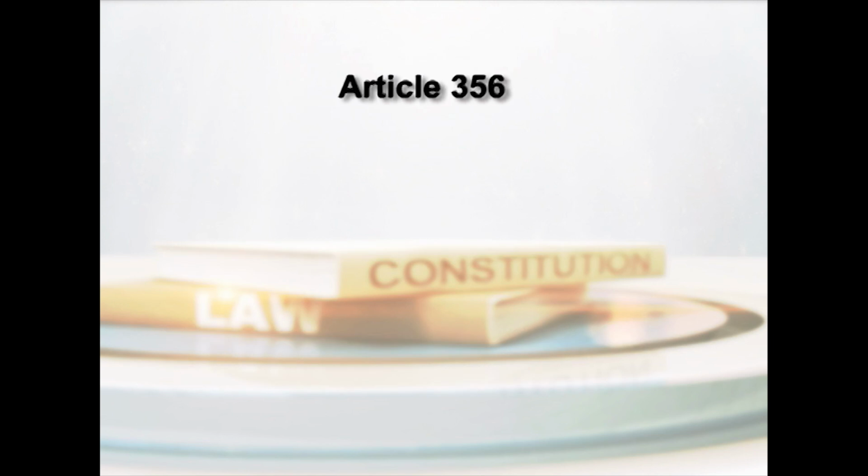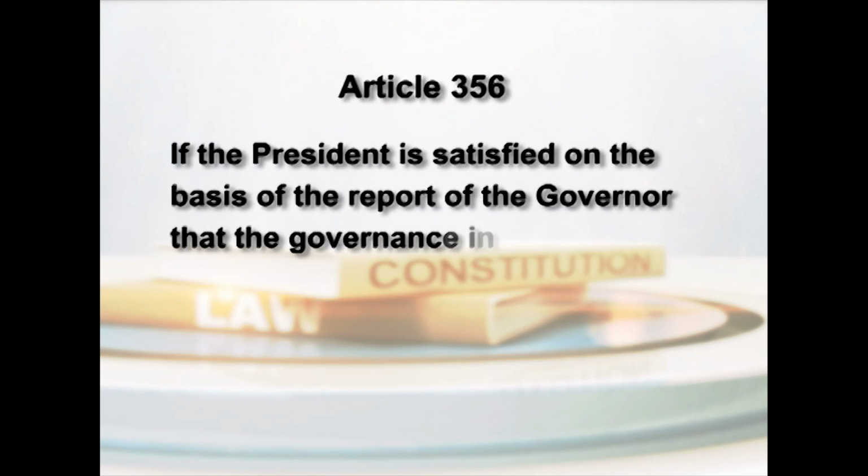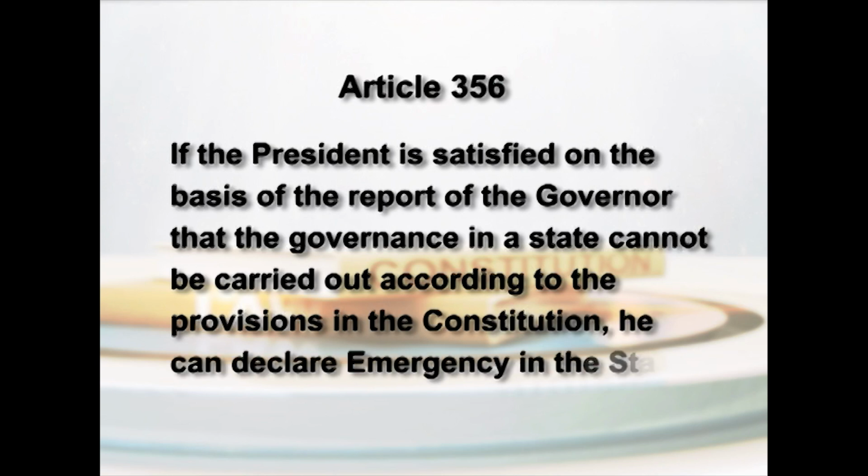Article 356 suggests that if the president is satisfied on the basis of the report of the governor that the governance in a state cannot be carried out according to the provisions in the constitution, he can declare emergency in the state. Such an emergency must be approved by the parliament within a period of 2 months. And whenever such an emergency is in operation, the state government actually ceases to exist.